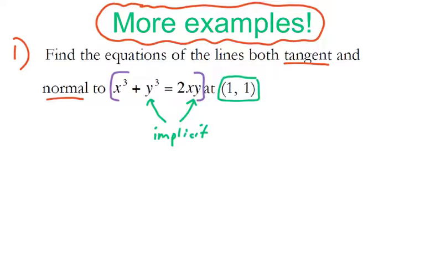All right, so it's the same steps as before. Find the equation of the tangent and normal lines. So we should find the slope, which means we should find the derivative, which means we need to do it implicitly. So let's just go left to right, and as I go left to right, just take the derivative with respect to x. Here we go. The first time, we should get 3x squared, the derivative of x cubed, plus the derivative of a y term.